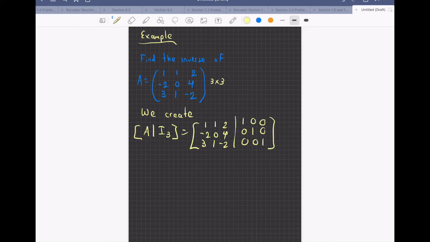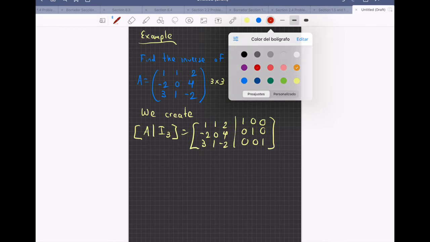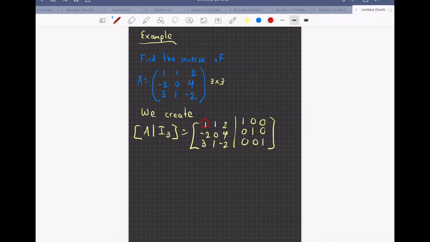My first pivot is going to be this one. So I think I can perform the operations 2 times row 1 plus row 2 will replace row 2. Why? Because I have 1 here.